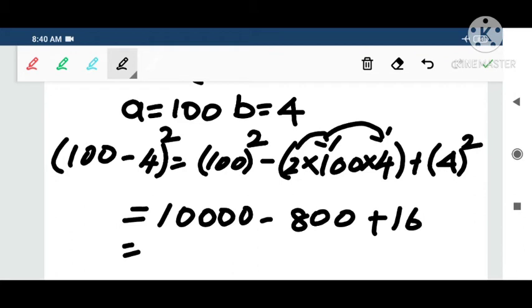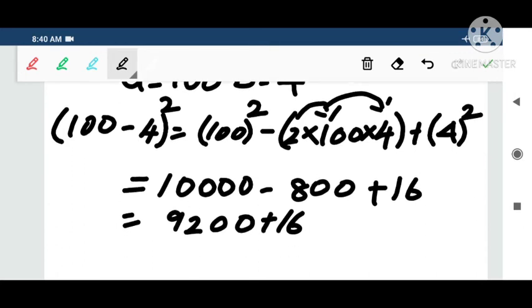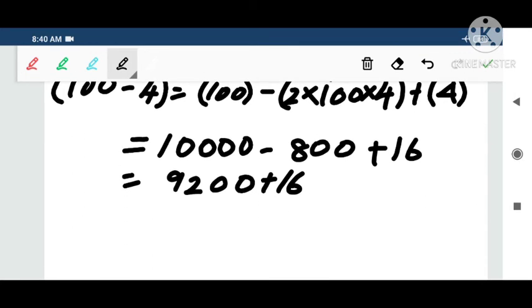First we take the first two, 10,000 minus 800. If we subtract 800 from 10,000, what do you get? We get 9,200 plus 16. So what is the final solution? If we add 9,200 plus 16, we get 9,216 is the value.